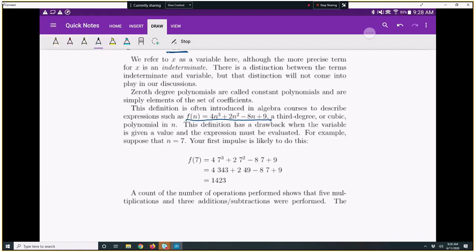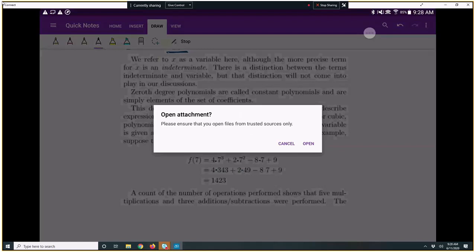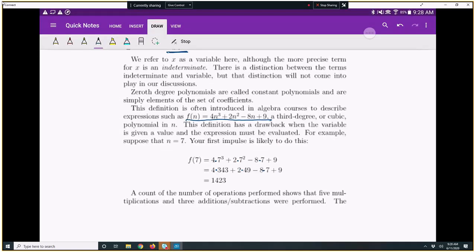And the drawback to this form of expression is that when we need to evaluate it, so let's say we want to find out f of 7, so we plug in n equal to 7, and these should be multiplications here. So in order to evaluate, we'd plug in 7 everywhere, and we have to cube 7 and then multiply it by 4, square 7, multiply by 2 and add them up, subtract 8 times 7, and so on.